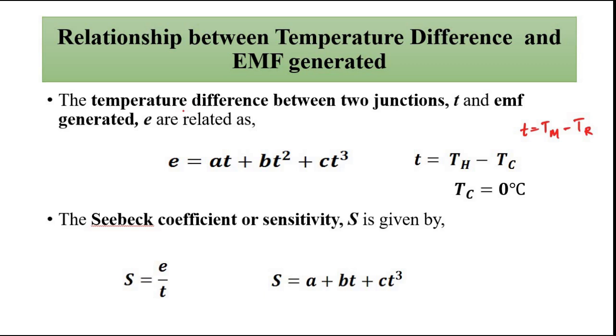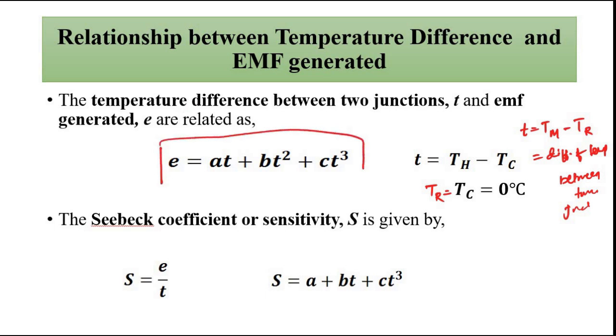The reference junction or cold junction is at 0 degrees Celsius. So the relationship between the difference of EMF generated, VH minus VC, and the temperature difference between the two junctions is given by this.